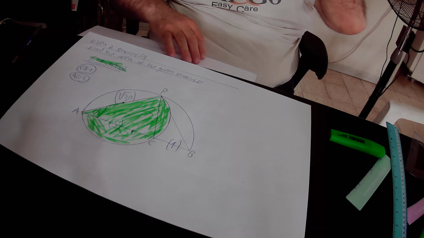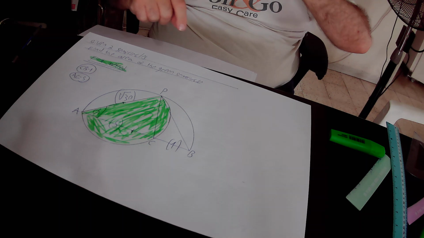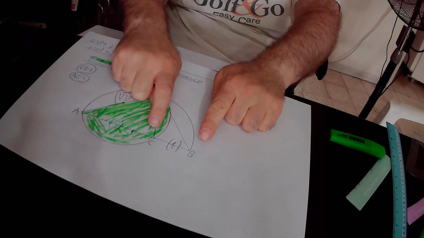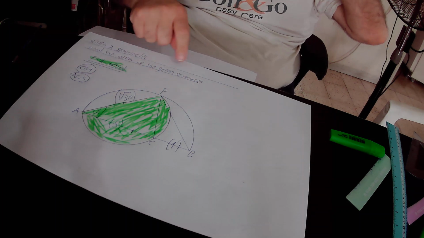So, in the drawing, we have two semicircles. Line segment AC equals 5 units in length, line segment CB equals 1 unit in length. Our mission is to find out the area of this green semicircle.